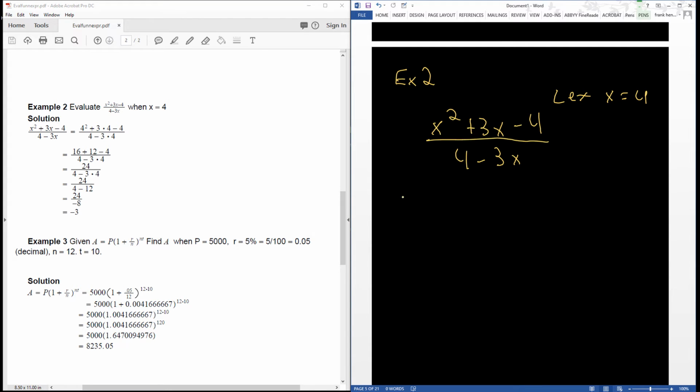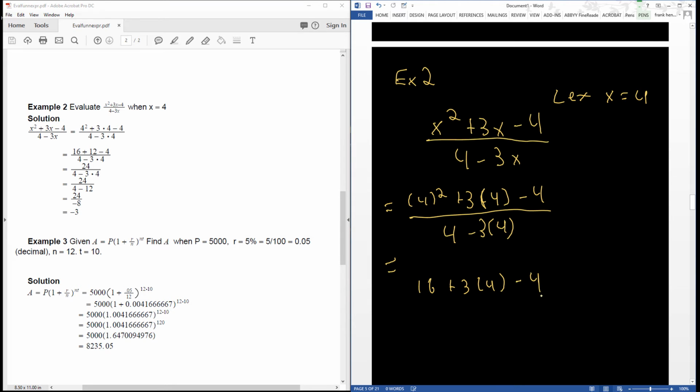So when I do that, I start to simplify my numerator first completely, take care of the exponent. 4 squared is 16, plus 3 times 4, minus 4, over 4 minus 3 times 4.